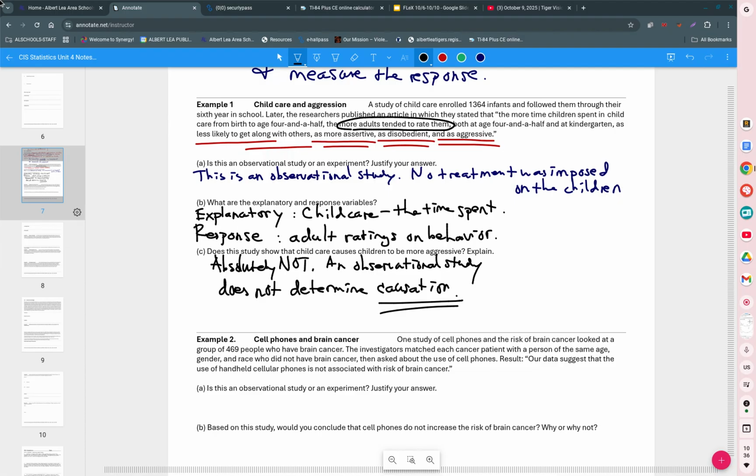If you see an example of an observational study, the answer is always no. You cannot draw conclusions from this.